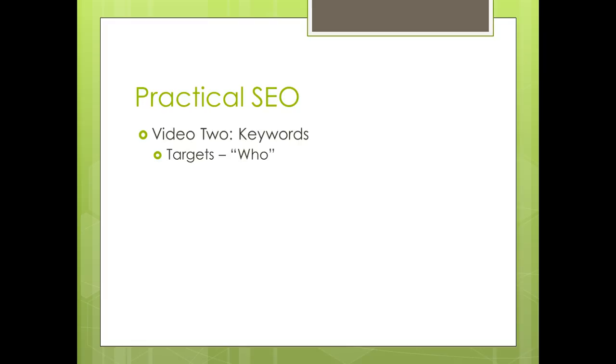We're also going to want to know demographic information as well as what our visitors' preferences are. Because once we know who we're actually targeting, then we'll be able to go on to answer the next question, which is what keywords are best? What keywords will those people be typing into the search bar in order to find information?